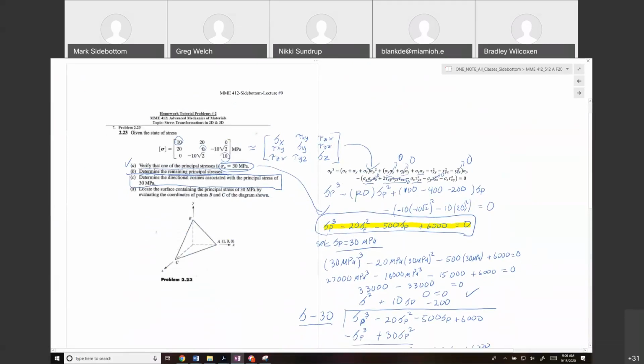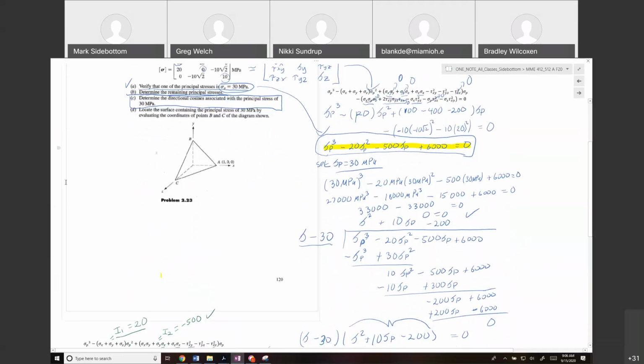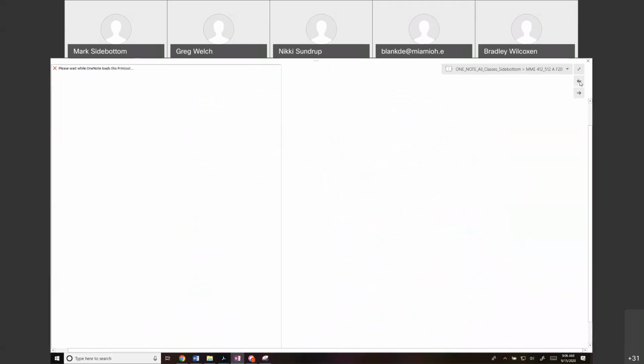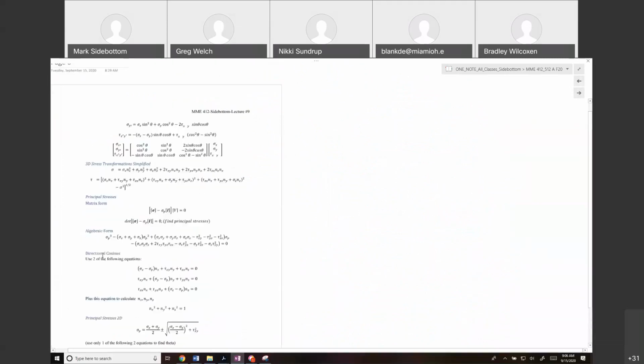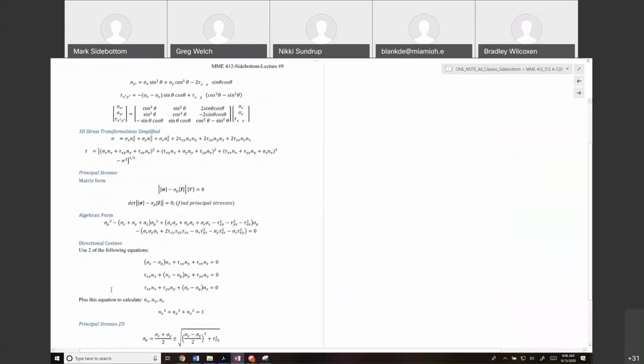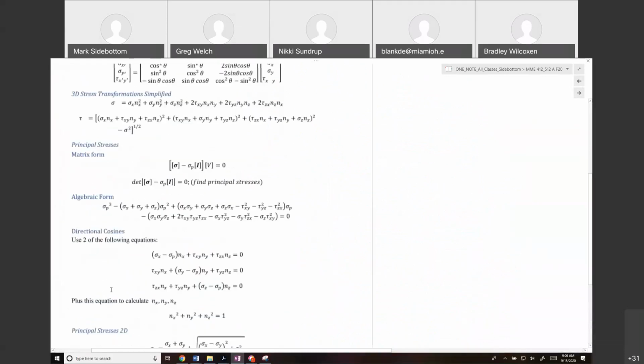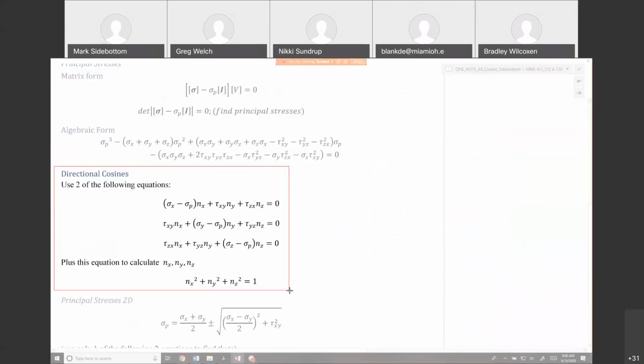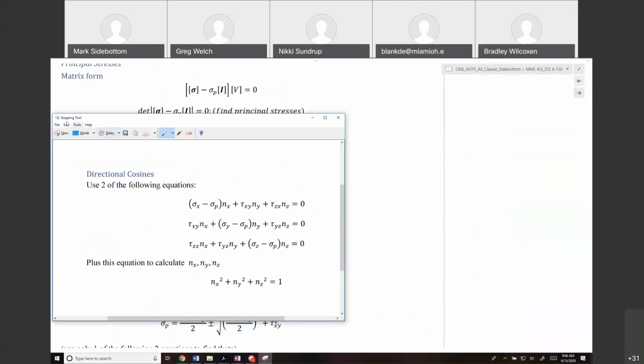So what we can do is go back here and use the following equations to solve for those direction cosines.